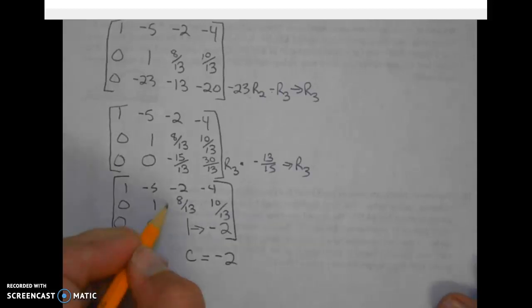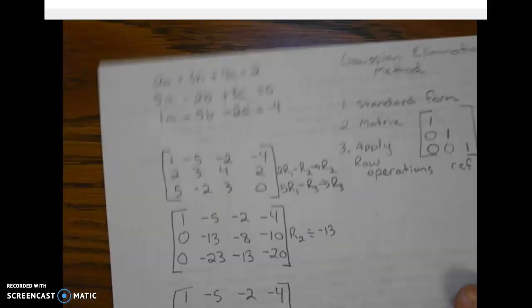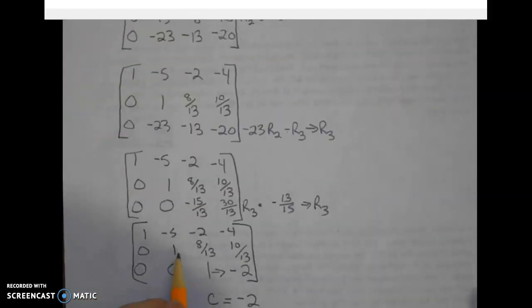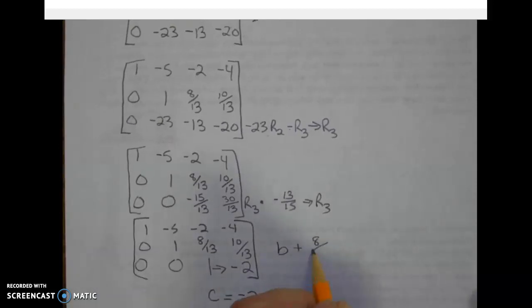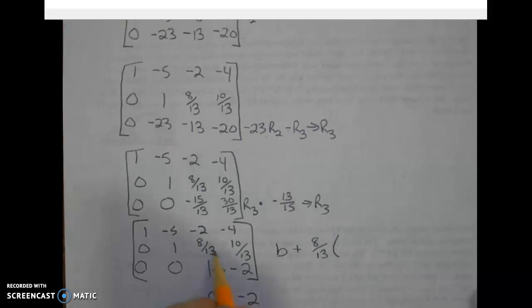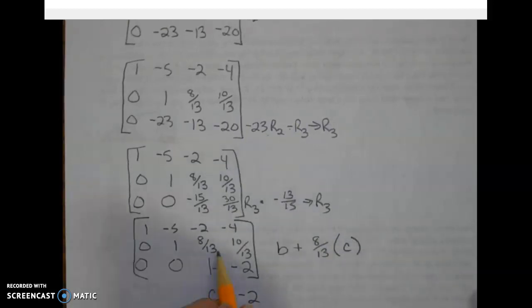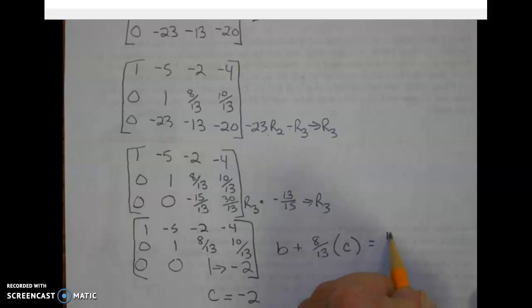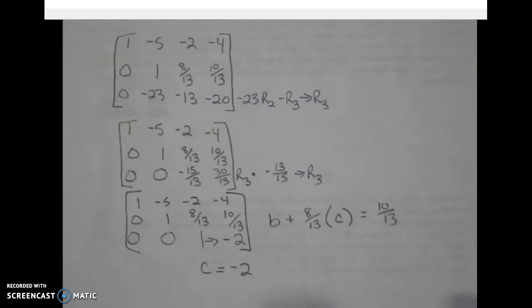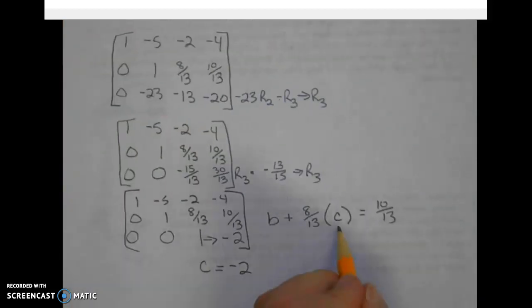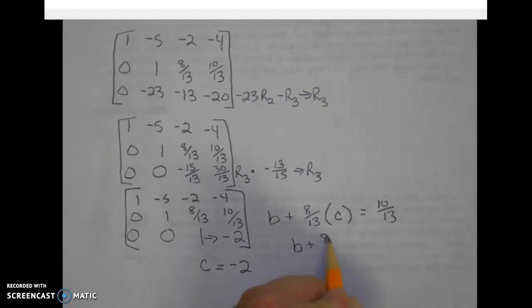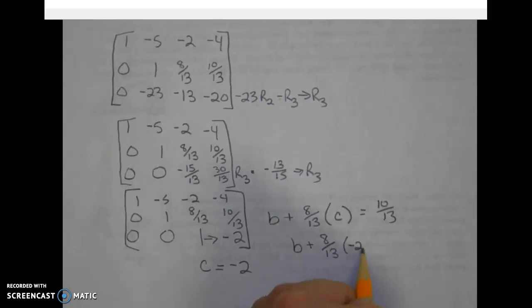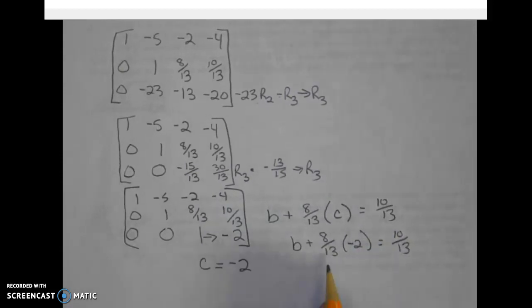So this column is going to be B. So we have 1B plus 8/13 times C, we'll plug that in just a moment, equals 10/13. So we're going to solve for B, so we're going to plug the negative 2 in here.